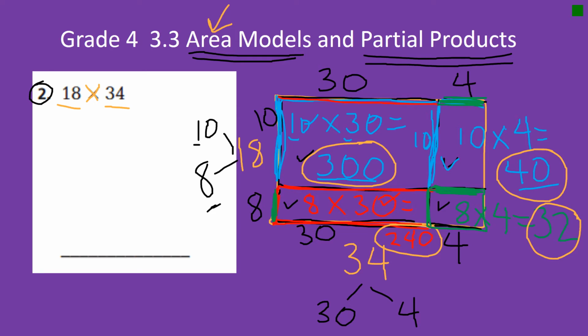So we have 4 partial products that we found using an area model. So what do we do with those 4 partial products? Well, we have to combine them all. We have to put them all back together to make a final product, okay? So we are going to put them back together by adding them.